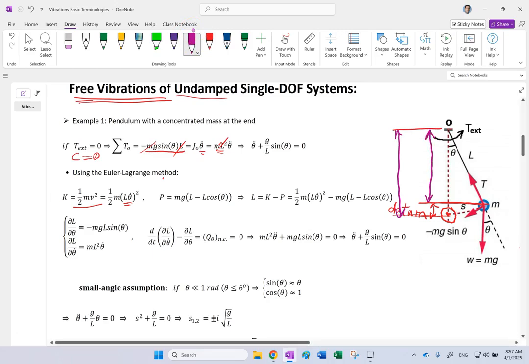That big distance is the same as L. And if you look at this right triangle, this is L, that is theta, that is L cosine theta. So that height here is L minus L cosine theta, which you have over here. And times mg, that's the potential of gravity. Then the Lagrangian is kinetic minus potential, so it is going to be this.